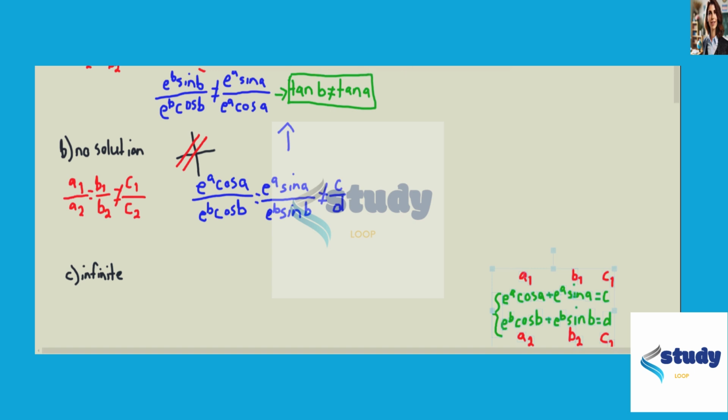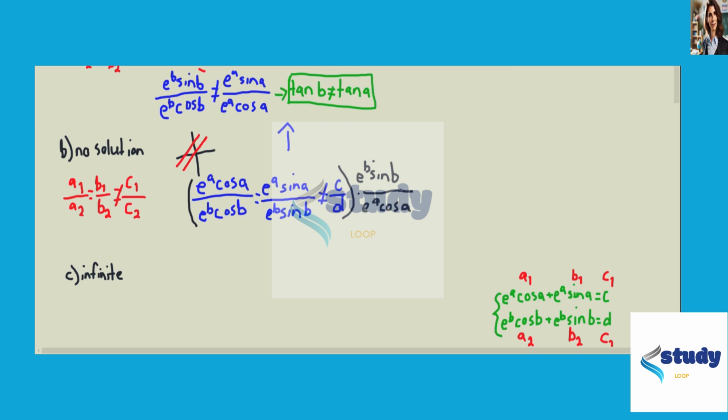So we're going to multiply this by e to the power of b multiplied by sine of b divided by e to the power of a multiplied by the cosine of a.